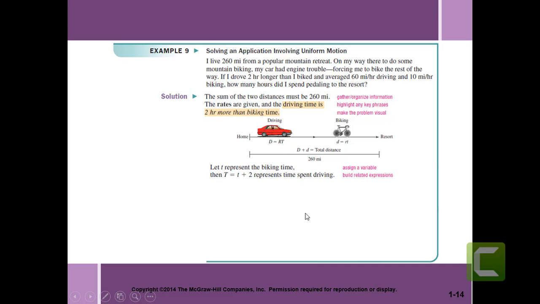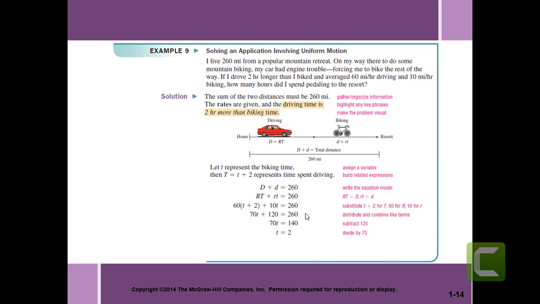Okay? I would just put that in there. So now once we do that, that's pretty much what we're going to do, start to simplify. So capital D plus small d equals 260. That's going to be capital R times capital T plus lowercase r times lowercase t. And then you're going to substitute in and see what you get.